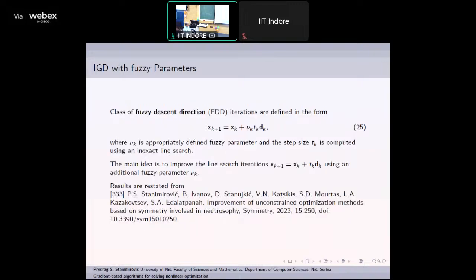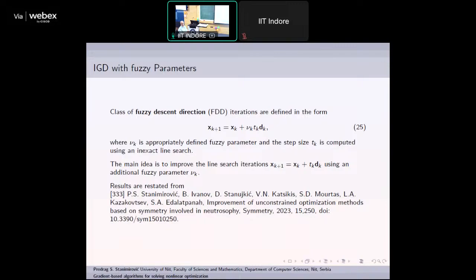And our idea was to put one additional so-called fuzzy parameter before the step size. What was the role of this fuzzy parameter? The role of this parameter was to trace the behavior of the goal functions during iterations.